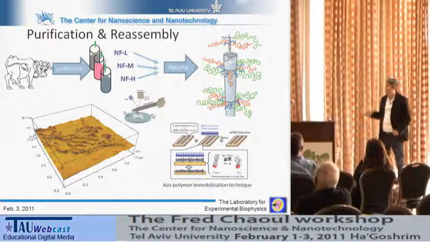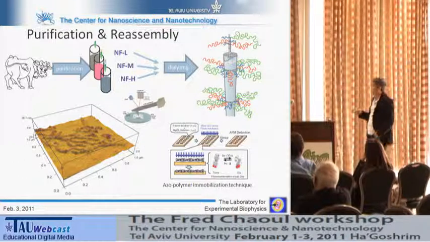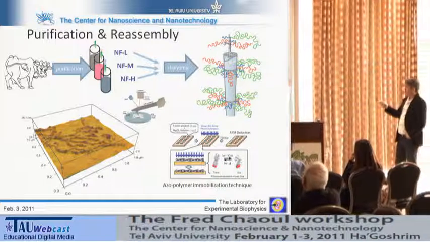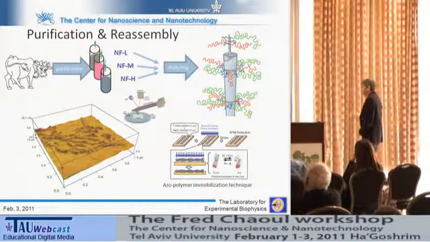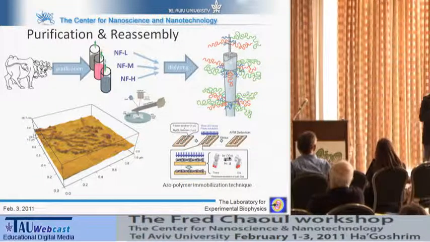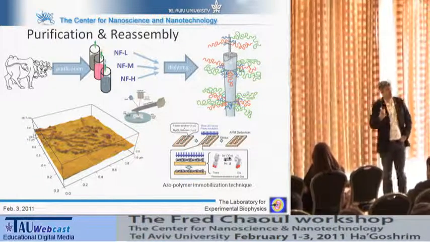And again, it takes about a month and a lot of dedicated work, but this is biology. And the good thing about this protein is once you have it, you don't need to make any effort in order to get the filament back.